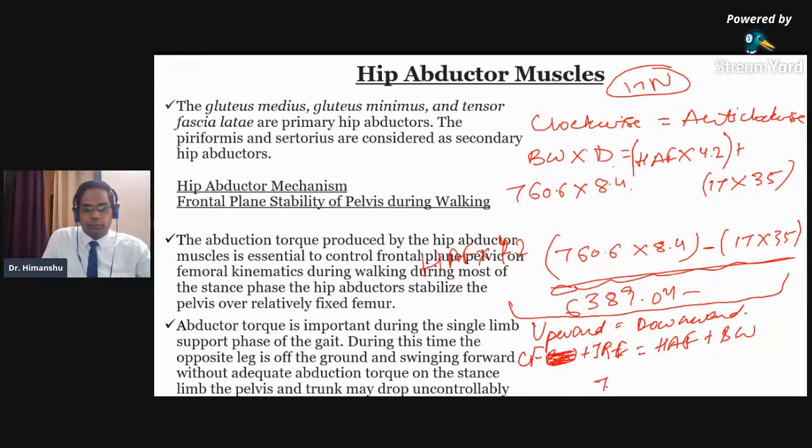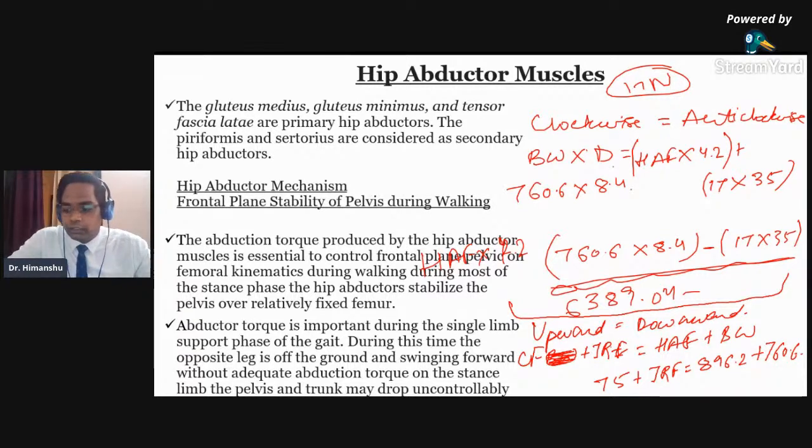So we have cane force to be 75. We don't have a joint reaction force here. We have a hip abductor force that was somewhere 896.2, and we have body weight force that is your 760.6. Now let us try to calculate this also. 896.2 plus 760.6 will give you 1656.8.